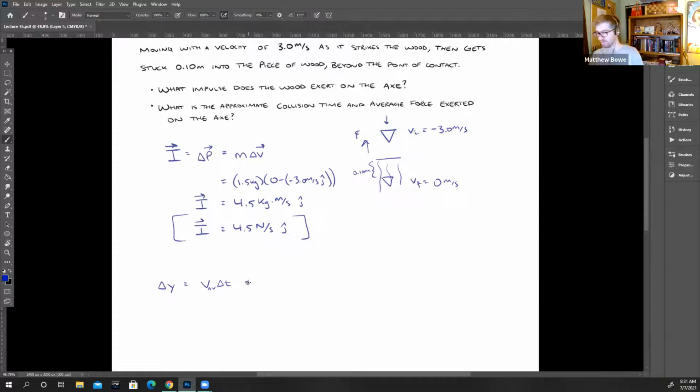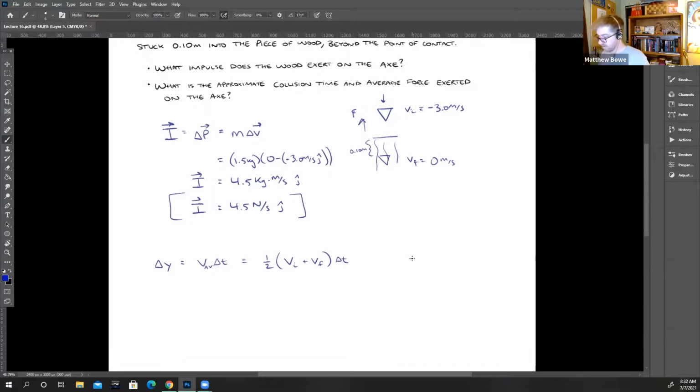We've been given two velocities, which is good for doing an average. So we have 1/2 the initial plus the final velocity times the change of time, and we want to find out how long it took for this axe to stop.